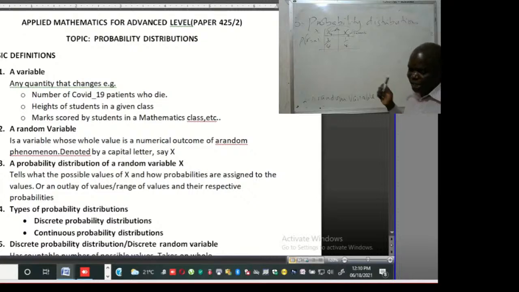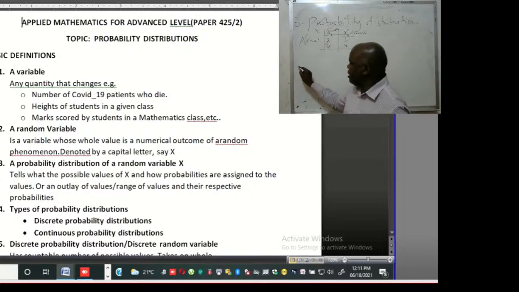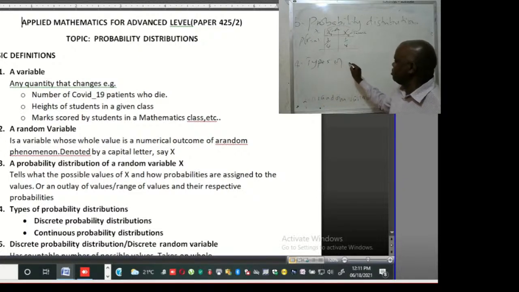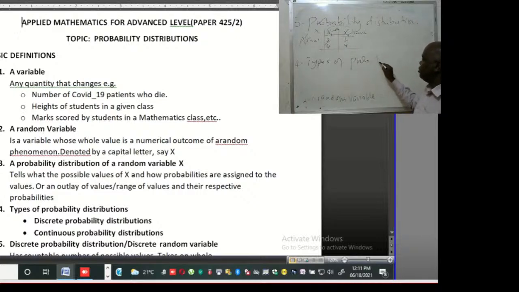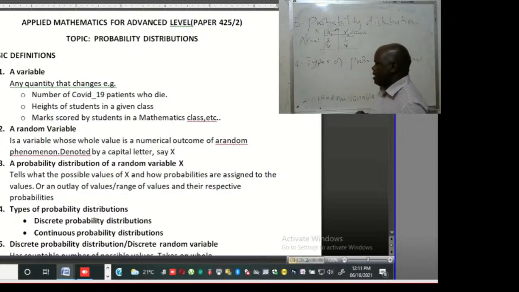After knowing that, it is also important for you to understand the types of probability distributions. Before I go on, you need to understand these basic types. For this class, for A-level students, you only need to understand that there are two types of probability distributions.